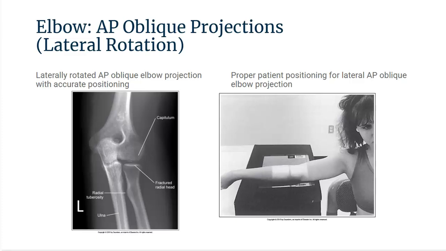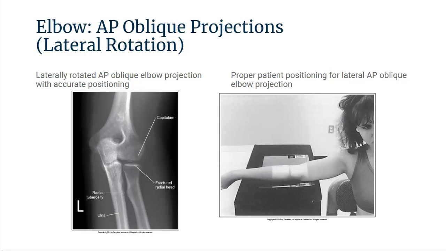Now review the image analysis guidelines for the lateral oblique projection. The capitulum and radial head should be demonstrated in profile. Ulna is demonstrated without radial head, neck, and tuberosity superimposition. The radial ulnar joint is demonstrated as open.